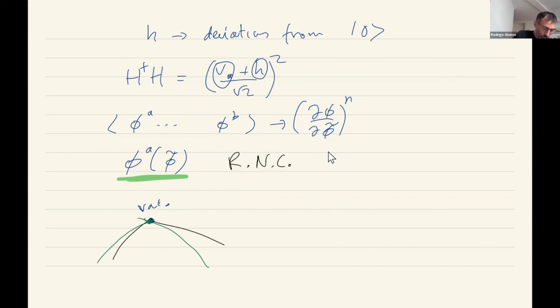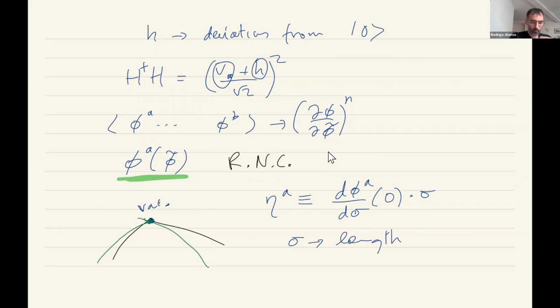I'm using eta in my notation as the derivative of phi with respect to sigma evaluated around the vacuum times sigma, where sigma is the length along this geodesic. So eta equals 0 corresponds to phi equals 0.